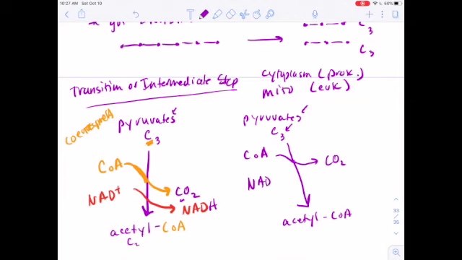Meanwhile, NAD plus is like, I got to get in on this action, and I'm going to rip me a hydrogen atom. So there we go. It's a very busy chemical reaction. That's the transition step.